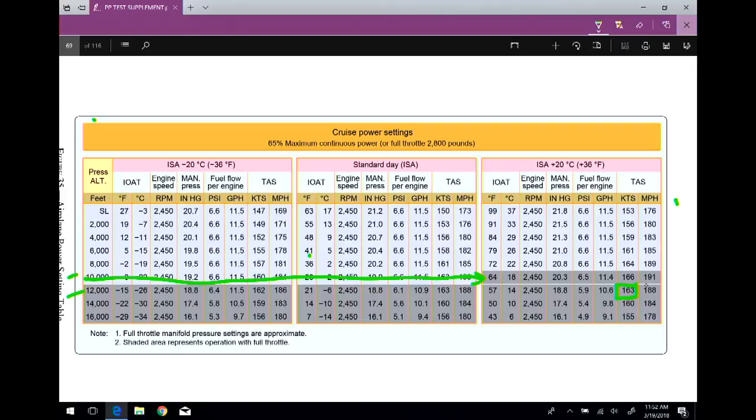Okay? If I ask you what your true airspeed would be at 11,000 feet? 164.5. You have a 3 knot differential, and if you divide that by 2, that gives you 1.5. Add the 1.5 to 163, that gives you 164.5.